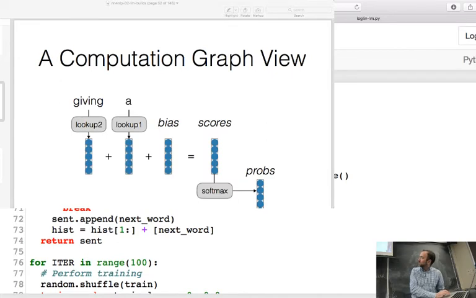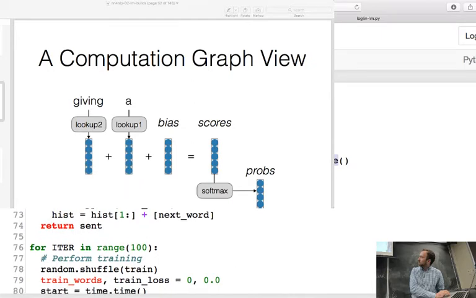We calculate the probability, or we calculate the score. We calculate the probability through the softmax, and we get a NumPy array of this. Then we randomly choose the next word from this probability distribution, and if the next word is the end of sentence symbol, or we've reached a maximum length, then we terminate and we output the sentence.